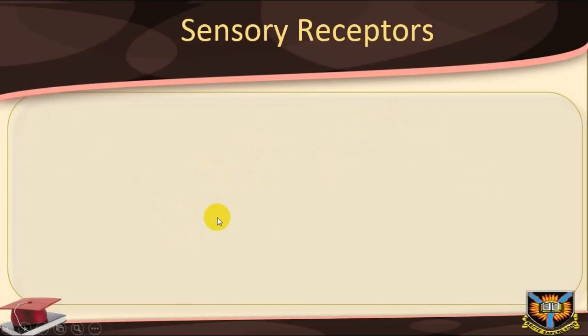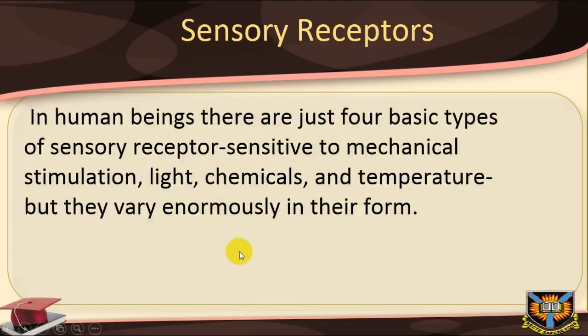Others are the endings of nerve fibers that ramify within the skin, the muscles, bones, and joints, and other organs of the body. Yet others are nerve cells within the brain that are sensitive to temperature, to dissolved gases, salts, and other substances in the fluid around them.